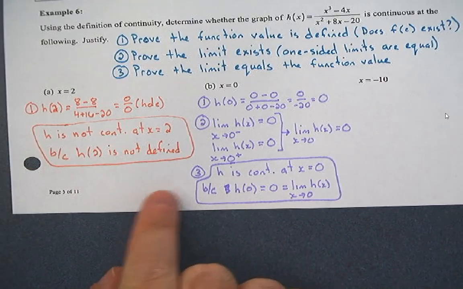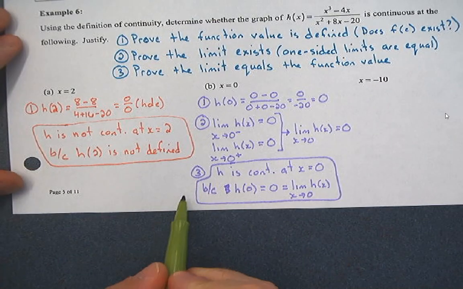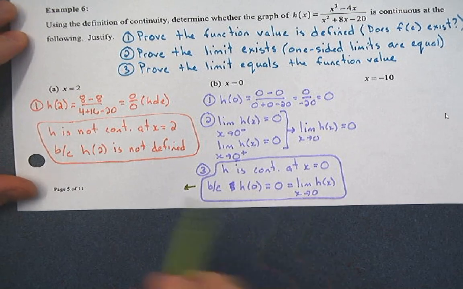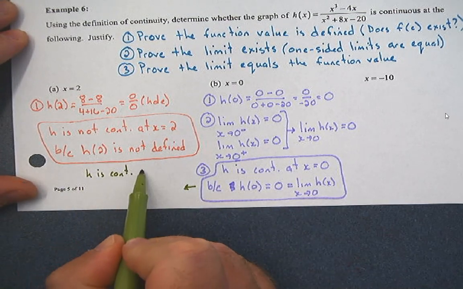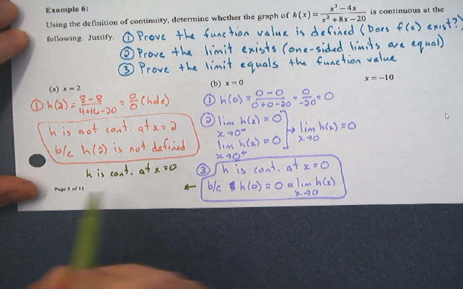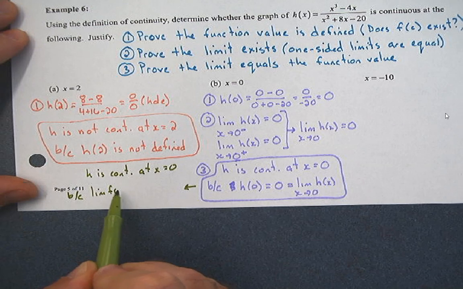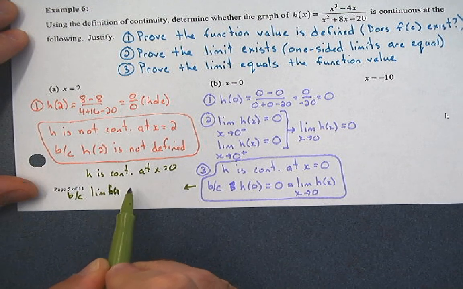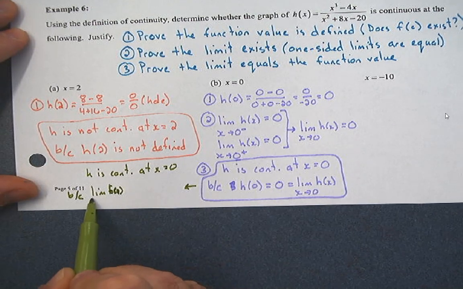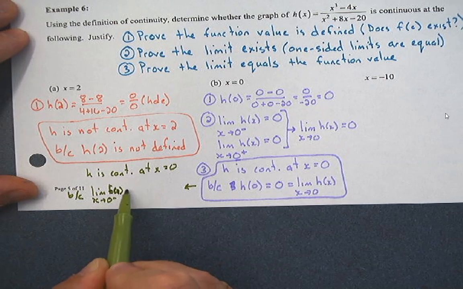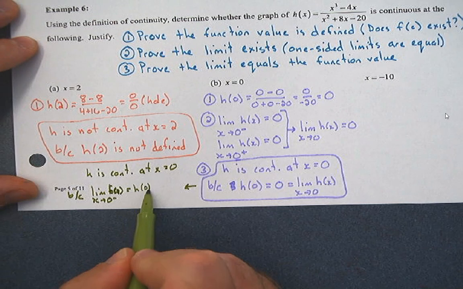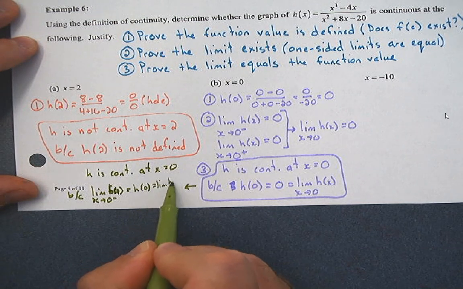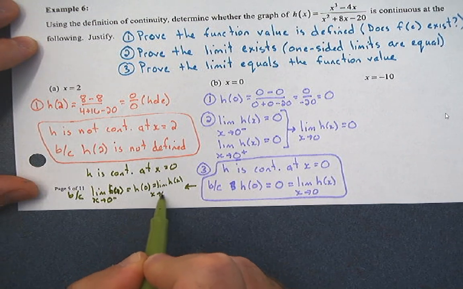Or another way you could write this if you wanted to, you could also write this like this. H is continuous at x equals 0 because the limit of h of x as x approaches 0 from the left equals h of 0, which equals the limit of h of x as x approaches 0 from the right.